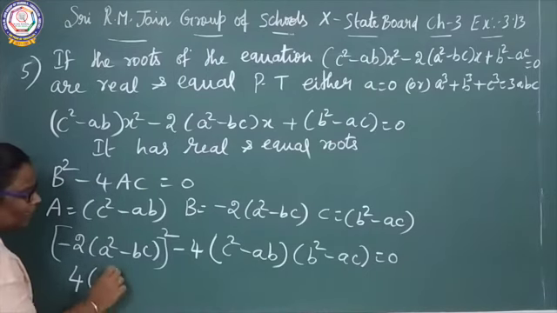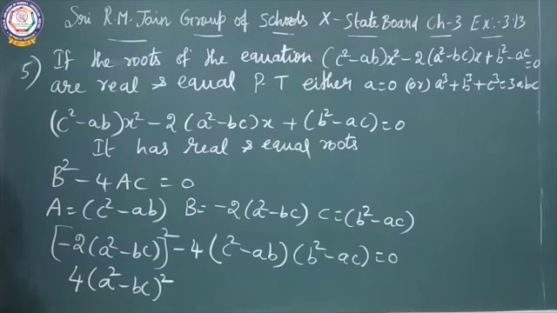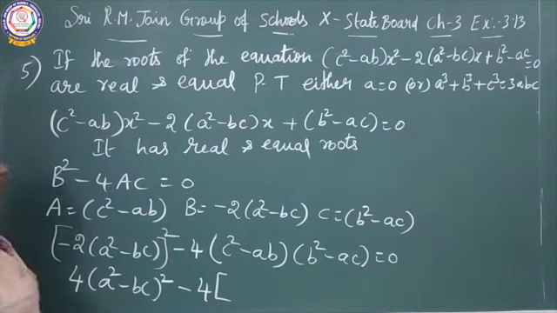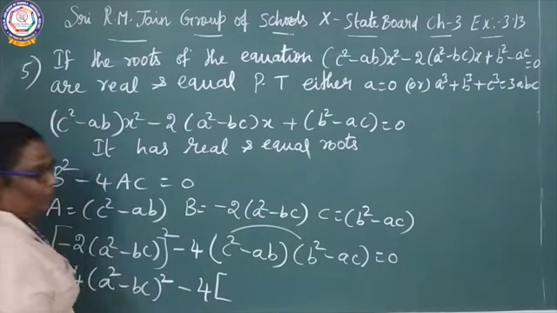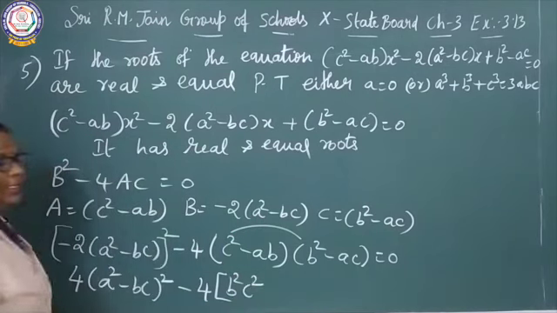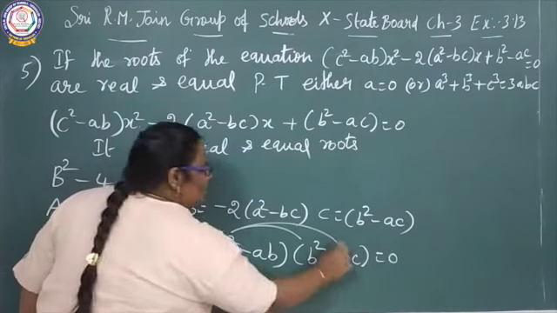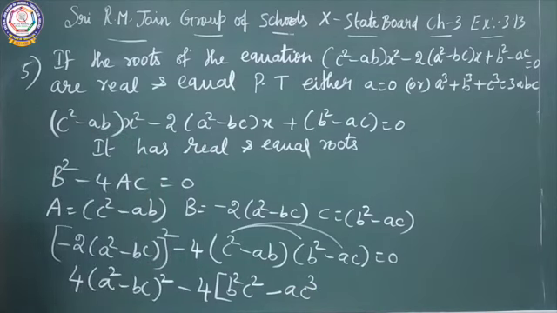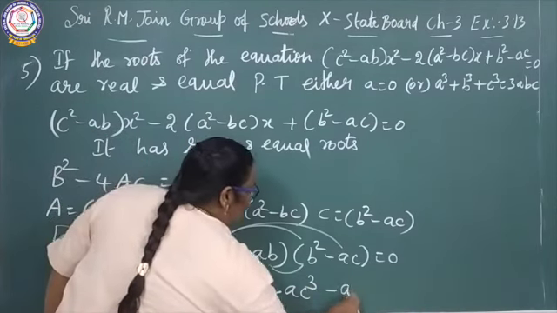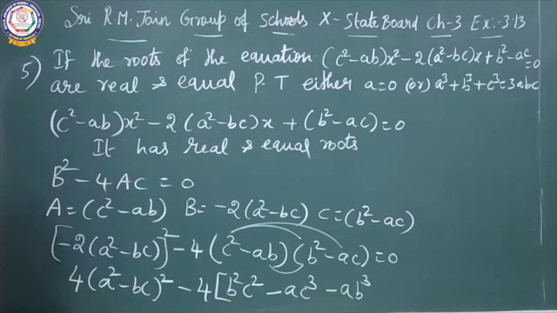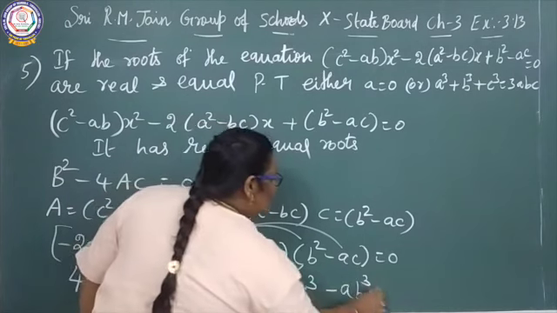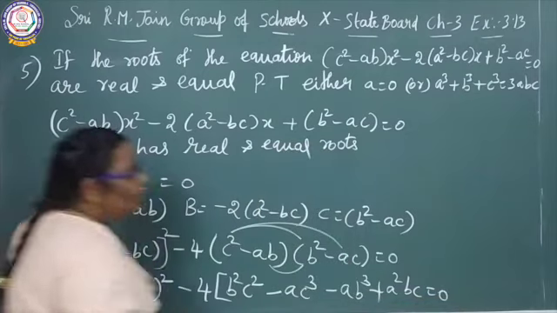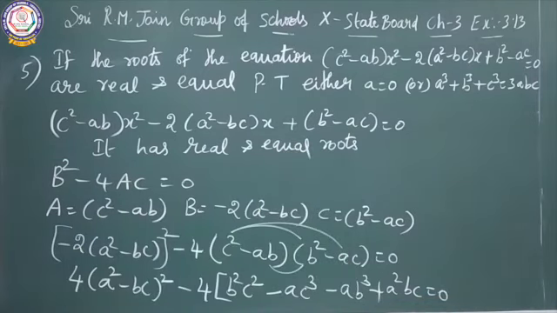If you want, you can write it like this: (a square minus bc) the whole square, minus 4 into, multiply b square c square, then you multiply c square minus ac cube, next minus ab cube, minus into minus becomes plus a square bc equal to 0.